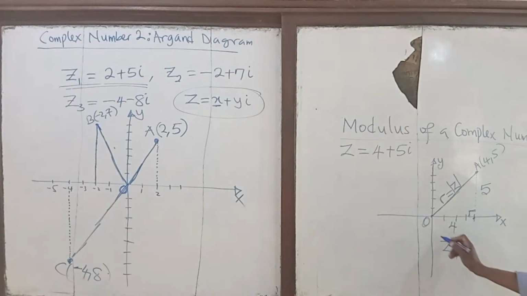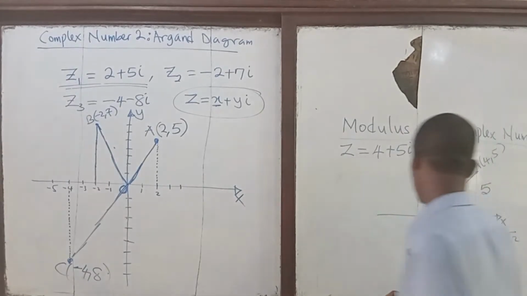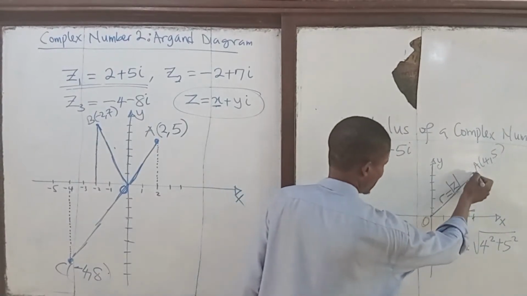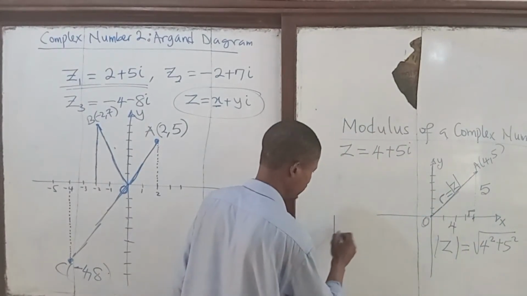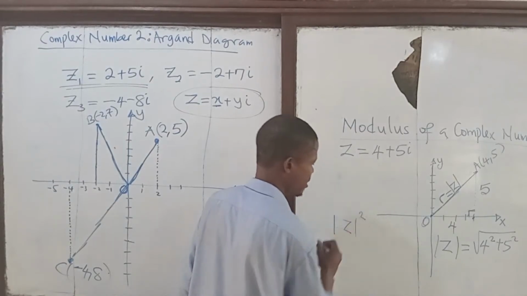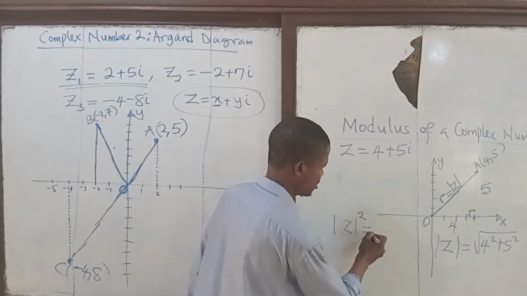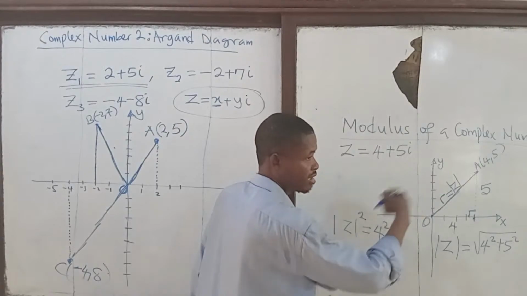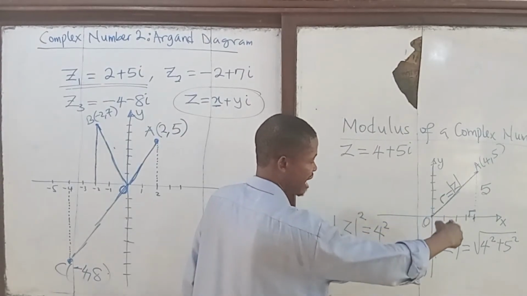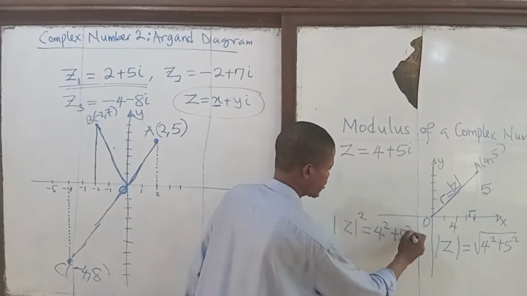So the modulus of z will be equal to the square root of 4 squared plus 5 squared. Pythagoras theorem says that the square of the hypotenuse is equal to the sum of the squares of the other two sides of the triangle, 4 squared plus 5 squared.